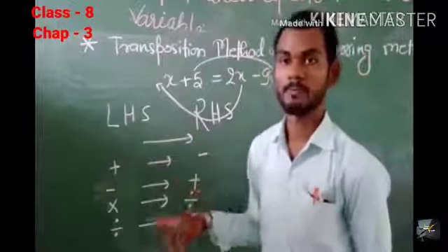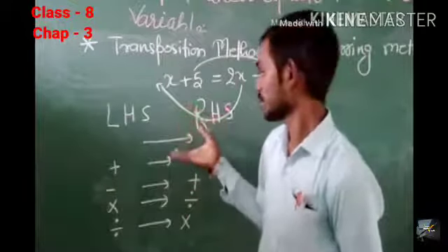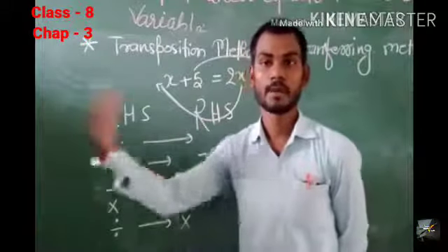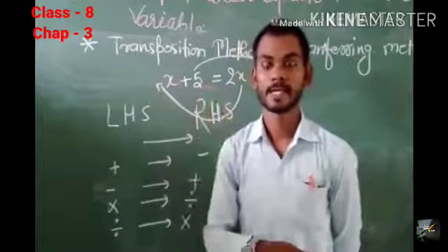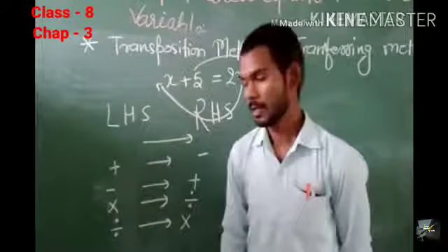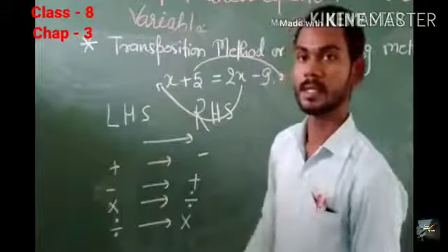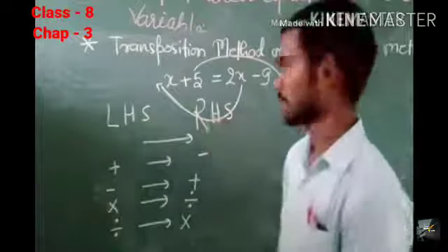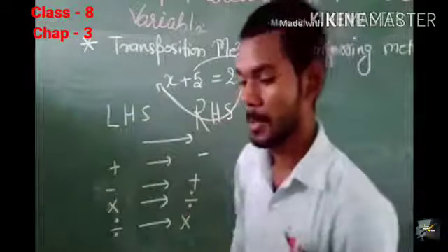In the method of transposition, these signs change when we cross from the left hand side to the right hand side and vice versa. So let us see the given example in the method.